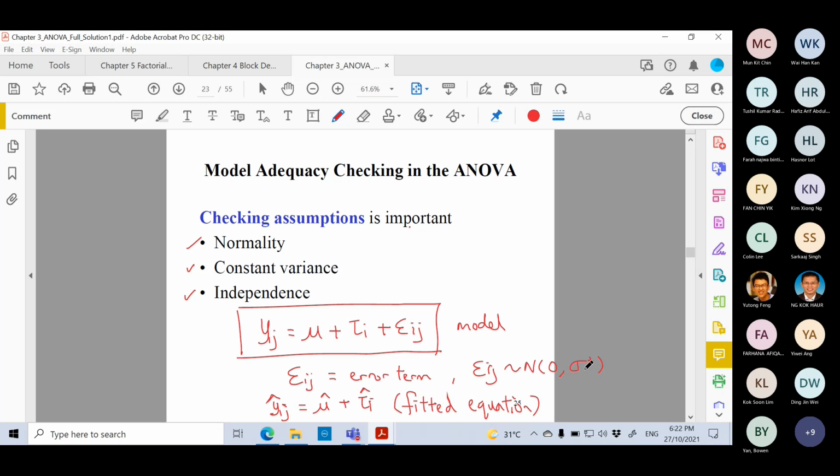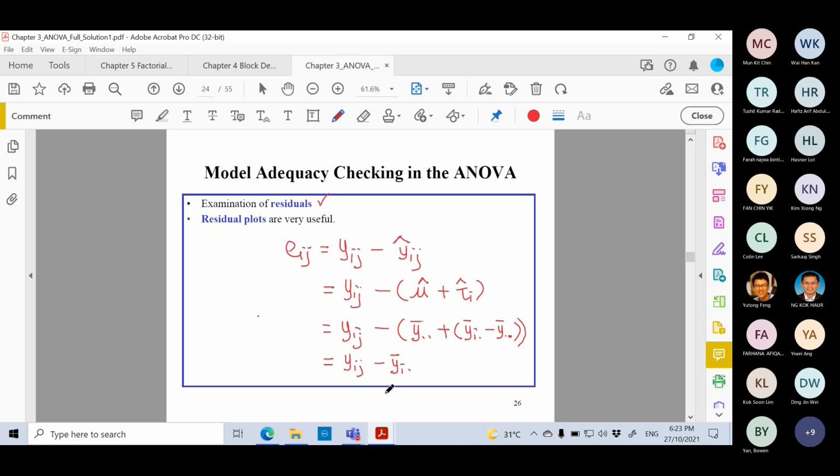The first thing is we need to calculate the fitted equation. Fitted equation means that you have mu hat and tau i hat, where the error is null. This thing is the true model, and this one is the fitted equation. Under the fitted equation, after that you can calculate the residual. Residual is equal to the observation minus the fitted equation. Okay, then you can get the residual.